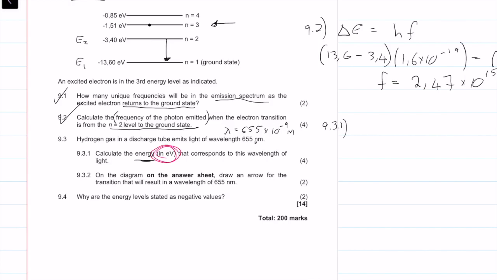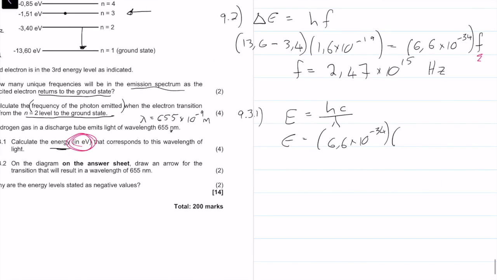So I can use the equation E is equal to hc over lambda. E is equal to our Planck's constant, which is 6.6 times 10 to the minus 34, times c, the speed of light, which is 3 times 10 to the 8, over lambda, which is 655 times 10 to the minus 9.